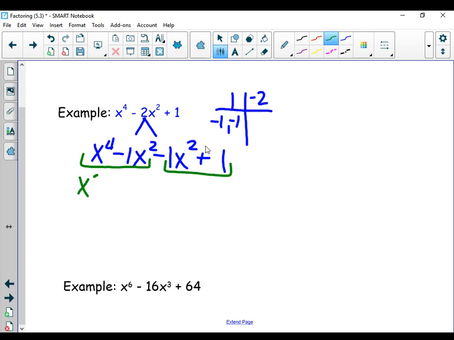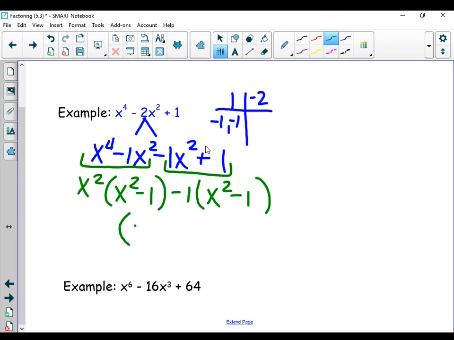Take out an x squared. I'm left with x squared minus 1. I can take out a -1, and I'm left with x squared minus 1. So that's if I wanted to do it the long way.